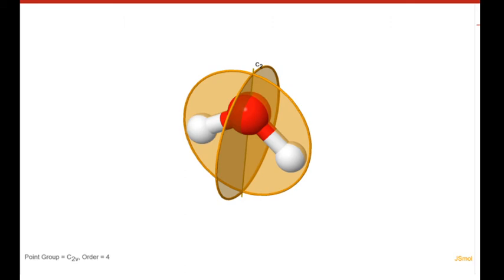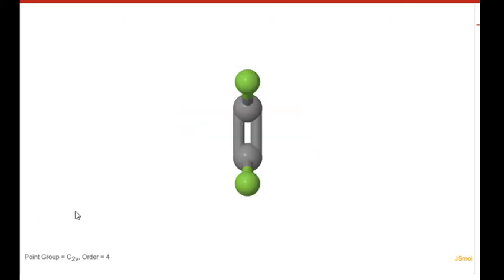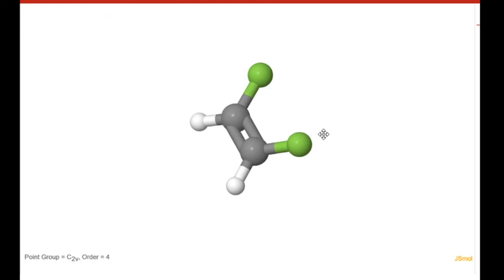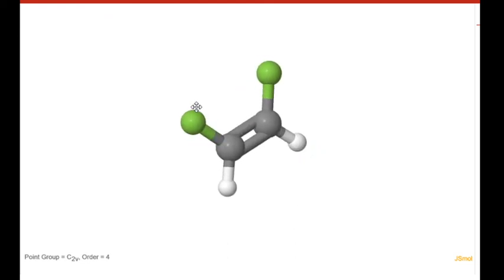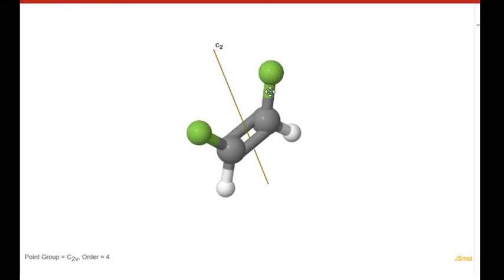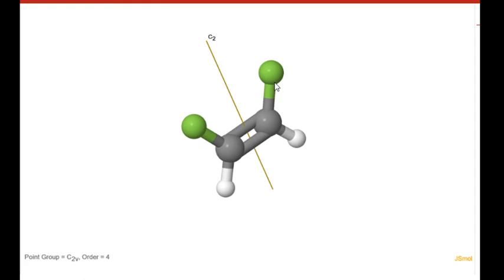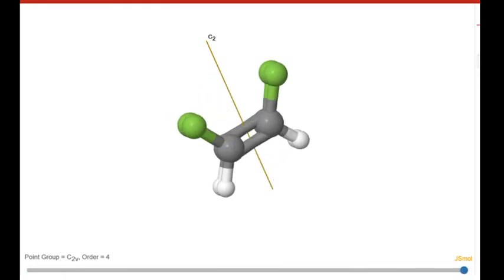Okay, now let us take another example. This is the example of cis 1,2-difluoroethylene. Now for this molecule, the C2 axis passes through the center of the molecule. So this is the C2 axis of symmetry, and one can rotate the molecule about 180 degrees with respect to this axis. The molecule has two vertical planes of symmetry.